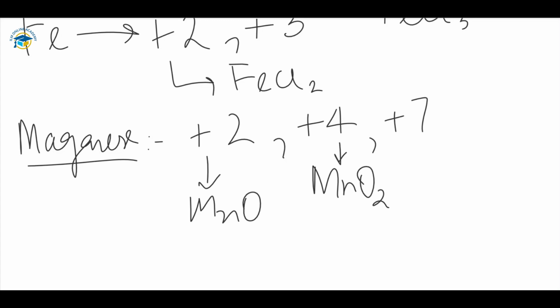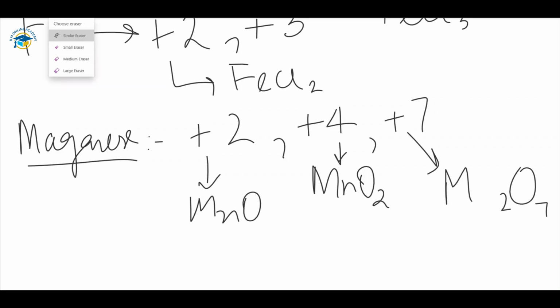And for +7, we have the compound Mn2O7. These are the compounds with the variable oxidation states of the transition metals.